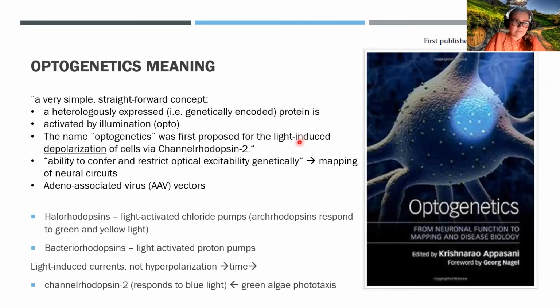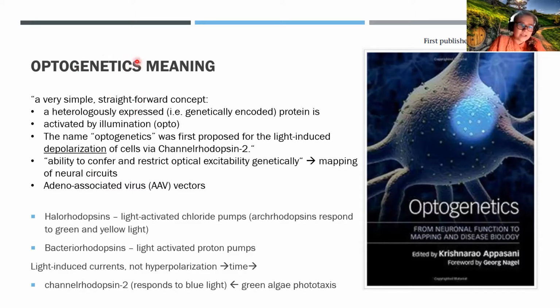The name optogenetics was first proposed for the depolarization of cells via the channelrhodopsin 2 protein.